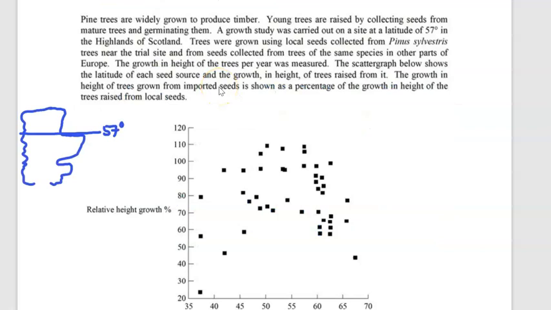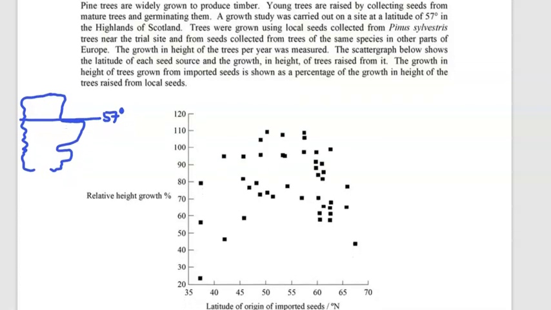So the question has now gone on to discuss further research, and so the data becomes perhaps, arguably, a little bit more complex. And in this stem, which is here, it's telling us that seeds were collected in a region of Scotland. I've attempted a sketch map here at 57 degrees of latitude.